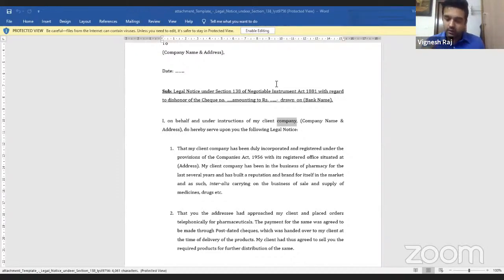In the event he does not discharge his liability, then within 30 days post those 15 days, a 138 complaint or a check bounce complaint requires to be filed. So those are your important timelines insofar as check bounce cases.